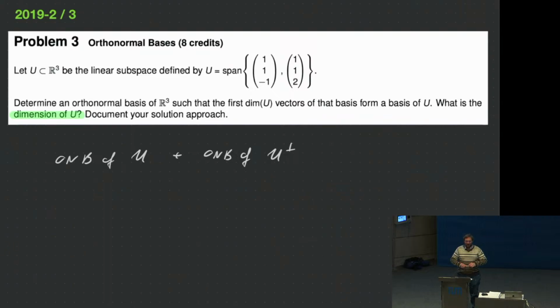That's all. And then to get an ONB of R3, take those two, add a vector that is orthogonal to both of them. How you get that doesn't really matter. In this case, it's easy to guess one. And then normalize this if necessary, and you're done. Right, so that would have been the easy approach.